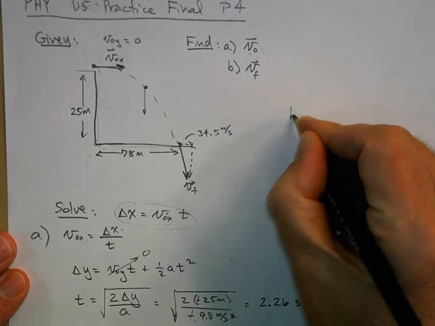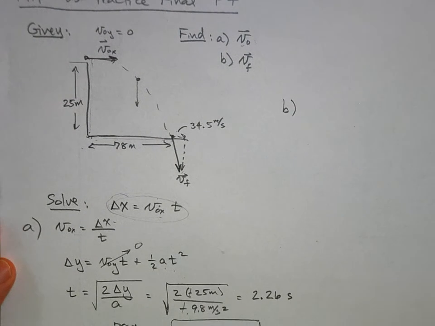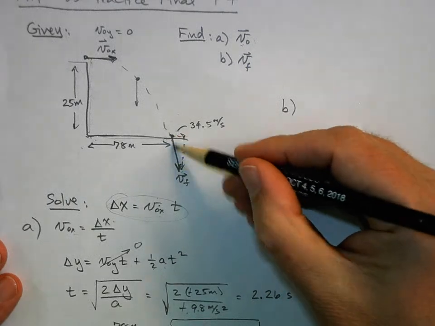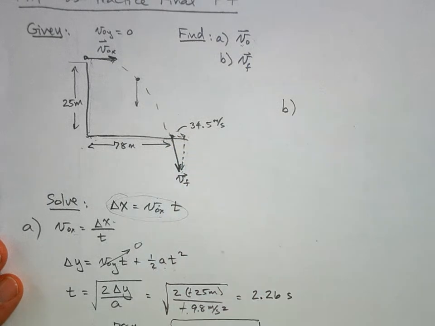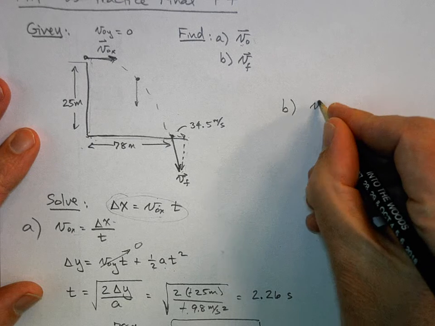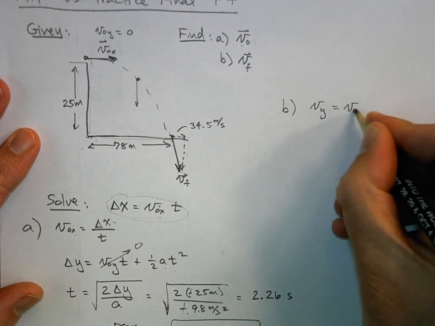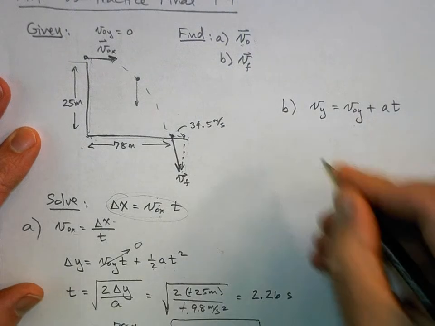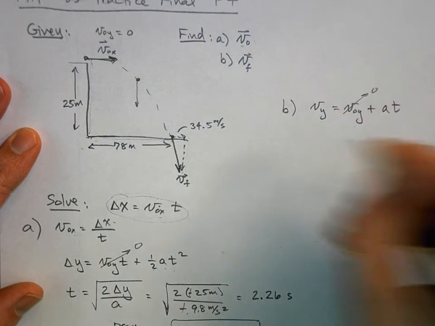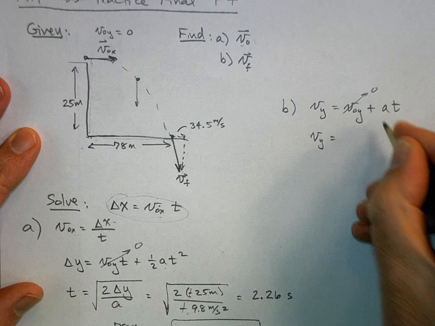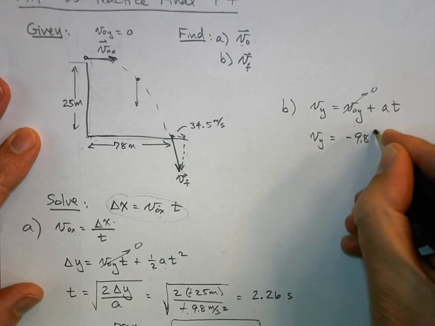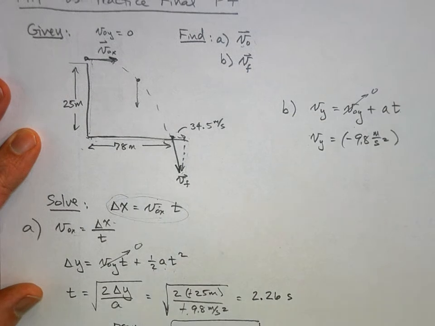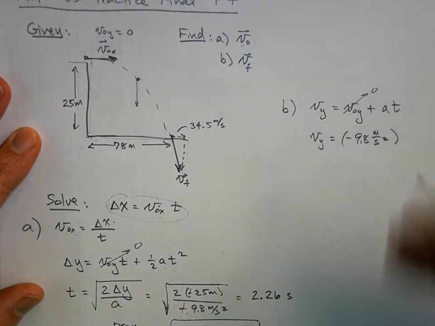So we'll do part B over here. Well, but I want to get this vector right here, so I need to know what its y component is. And Vy equals V naught y plus a times t. Well, V naught y is 0. So the final velocity in the y is just negative 9.8 meters per second squared times the time that it fell. Well, we know what time it fell, 2.26 seconds.